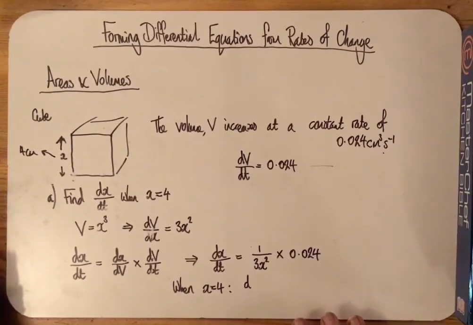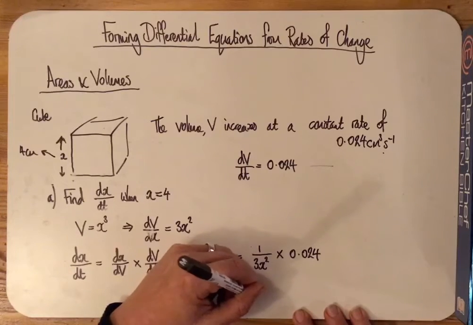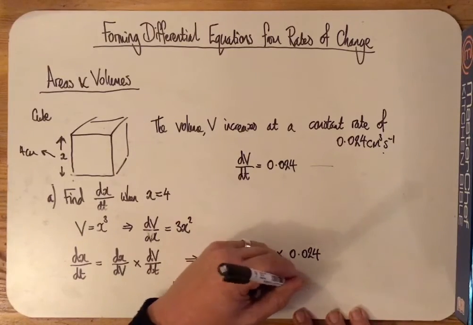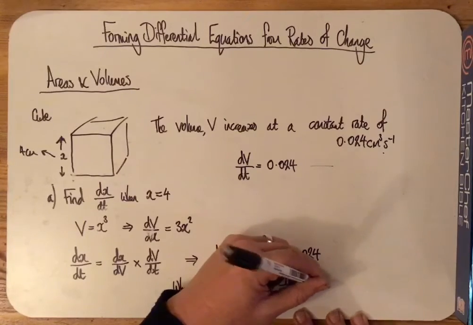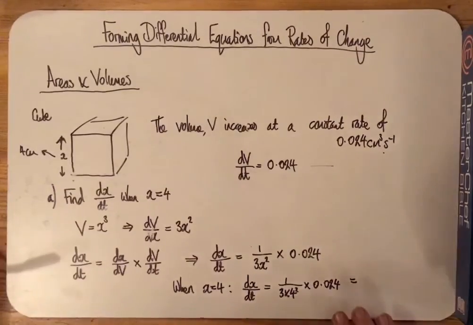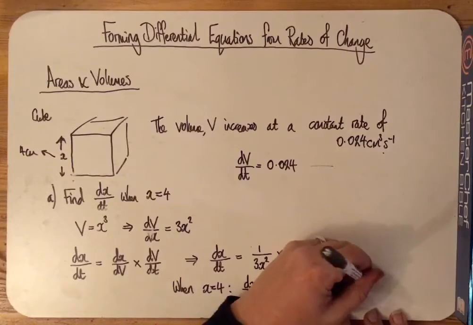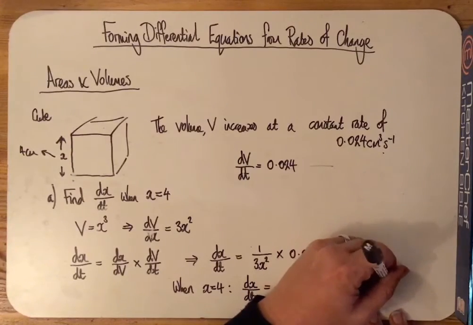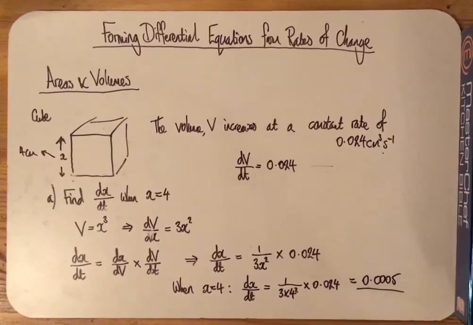When x is equal to 4, dx/dt is 1 over 3 times 4 squared, times 0.024. I did this one earlier and it's 0.0005. I don't think that's rounded, but you might want to check that. That's the answer from my notes.